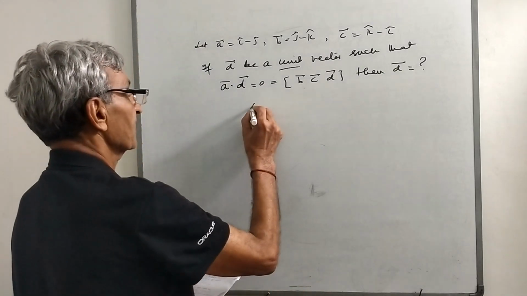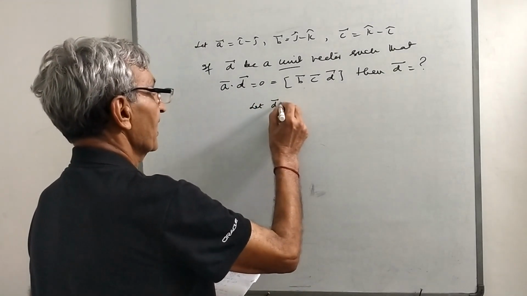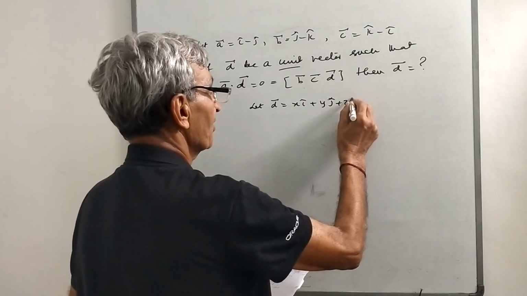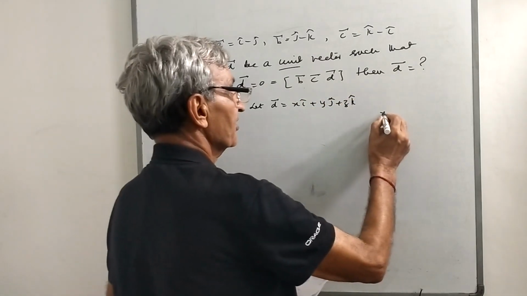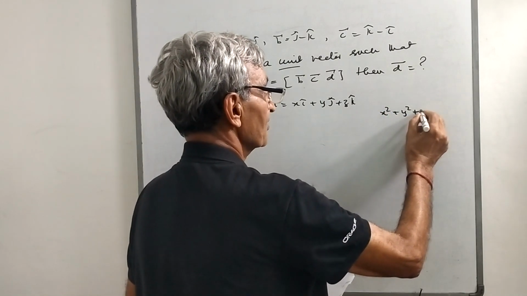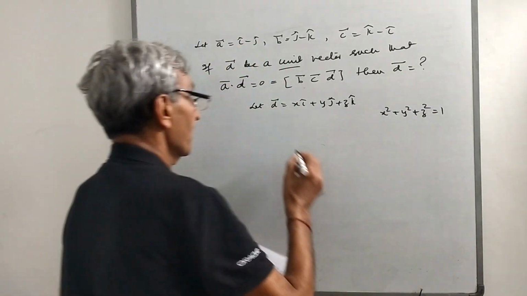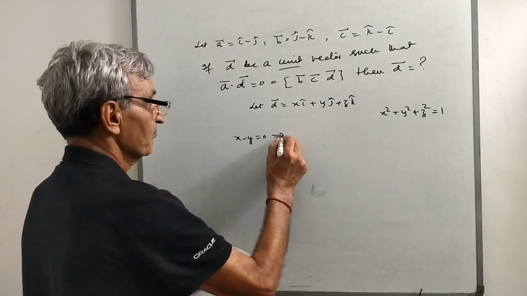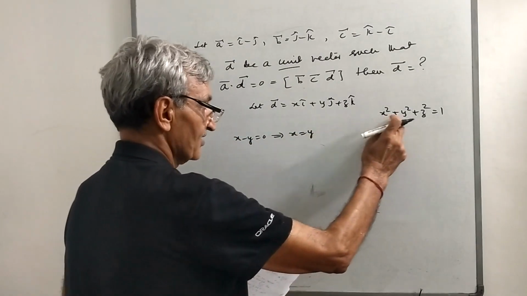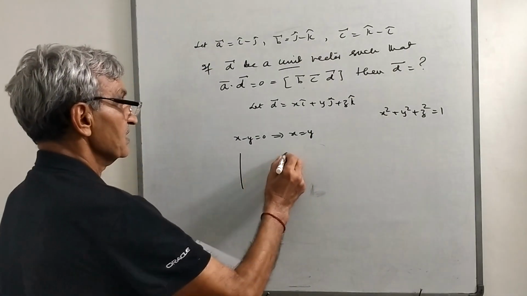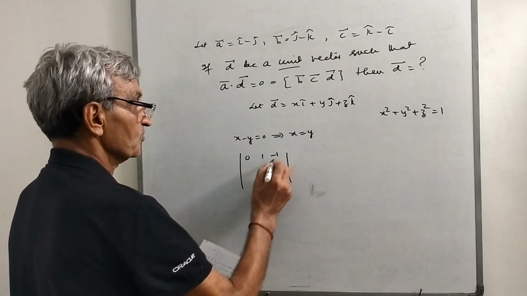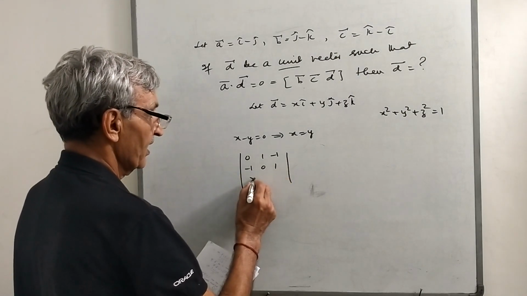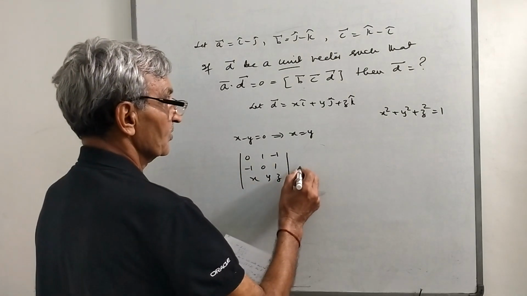Let D be equal to x i plus y j plus z k. It is a unit vector, therefore x square plus y square plus z square is equal to 1. A dot D means x minus y is equal to 0, means x is equal to y. Then [B C D] is 0, with B as 1, minus 1, 0 and C as minus 1, 0, 1, and x, y, z, the determinant is equal to 0.